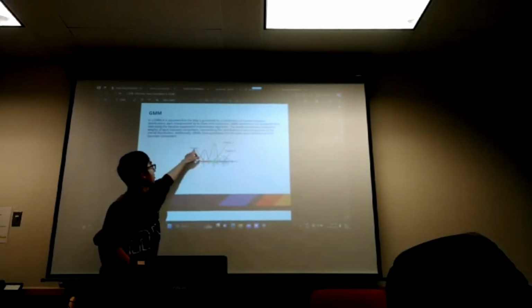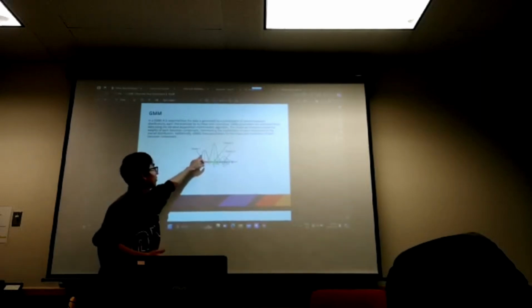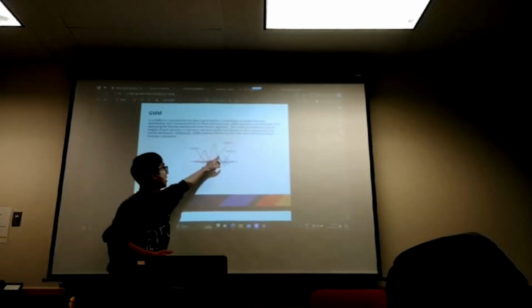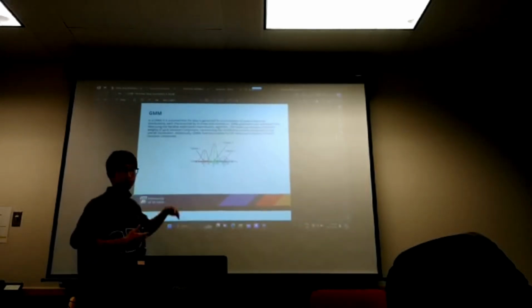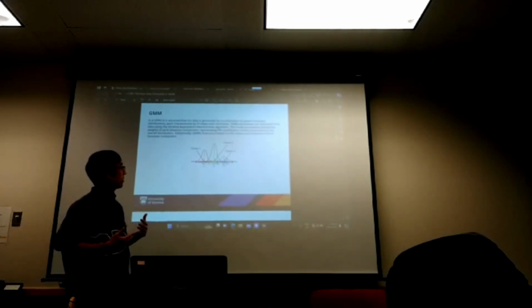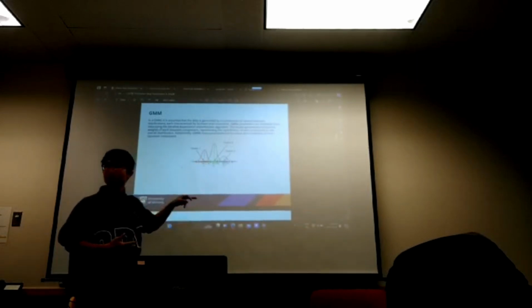If class 1 is 0.5, class 2 is 0.4, and class 3 is 0.1, we find the largest one. 0.5 is larger than 0.4 and 0.1, so we say this point belongs to cluster 1.